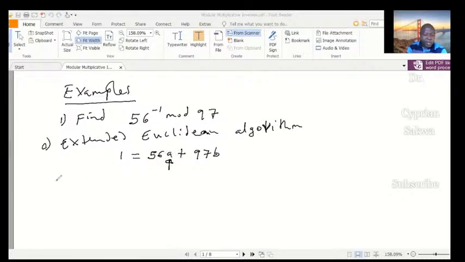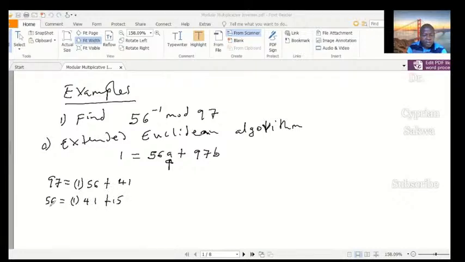So let's just do long division. We're asking ourselves, 56 goes in 97 how many times? You find that 56 goes there once, and just subtract 56 from 97, and you find that the remainder will be 41. And then you ask yourself, 41 goes into 56 how many times? 41 will go there once, and the remainder will be 15.